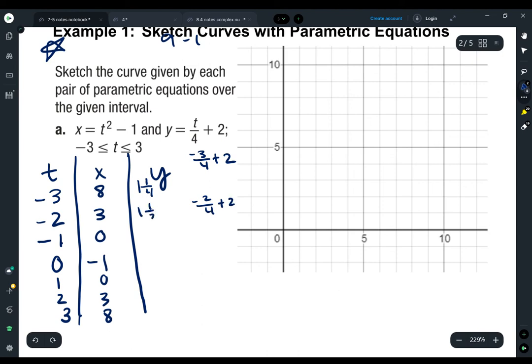So this will be 1 1/2. When I put a -1 in for t, so again, we're plugging in for t, so I'm not even looking at my x's right now. I'm just looking at t and I'm figuring out y. So when I have -1/4 plus 2, that's going to be 1 3/4. And when I put in 0, I just have 2.